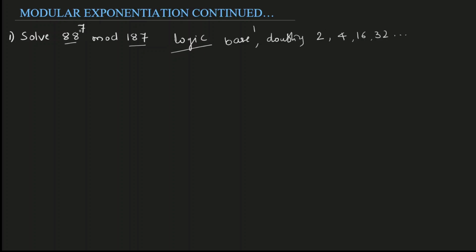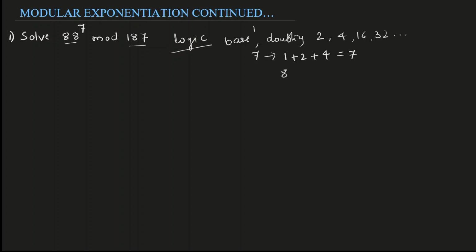For this example you have a power of 7. When you double, you will not get 7, but you can make 7 by taking power 1, power 2 and power 4. Isn't it? Here 1 plus 2 plus 4 is 7.